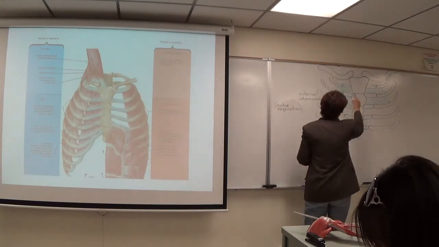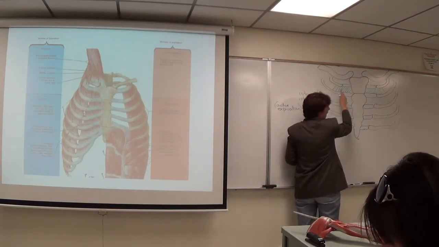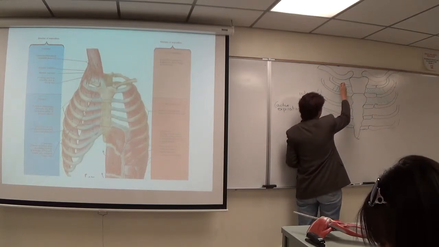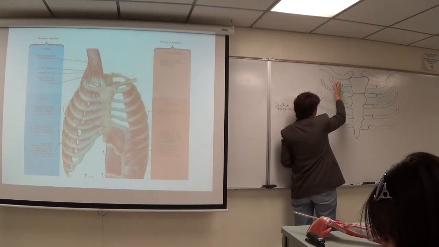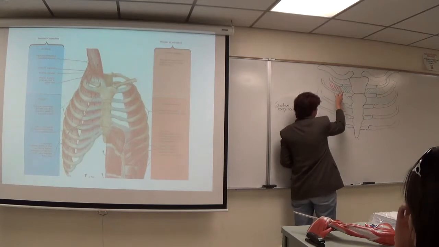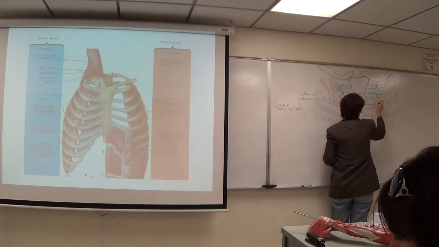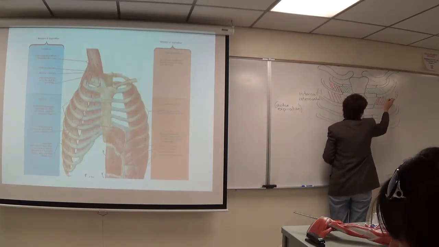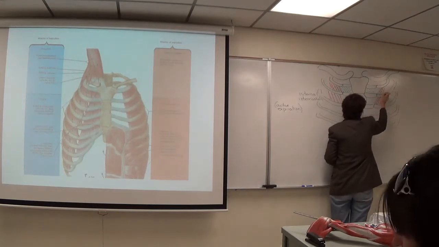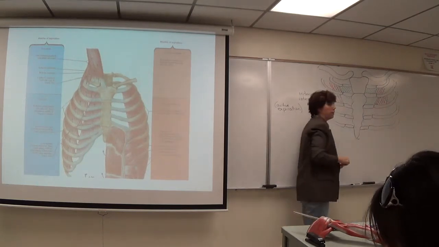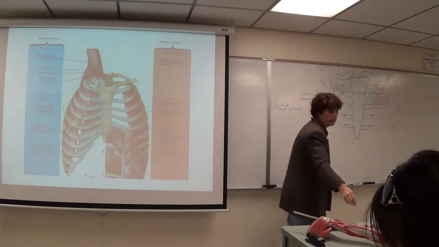So they actually start about 1 to 2 inches lateral from the sternum, so we can see the internal intercostals as they overlap them, just on either side. Okay. So those are the external intercostals.